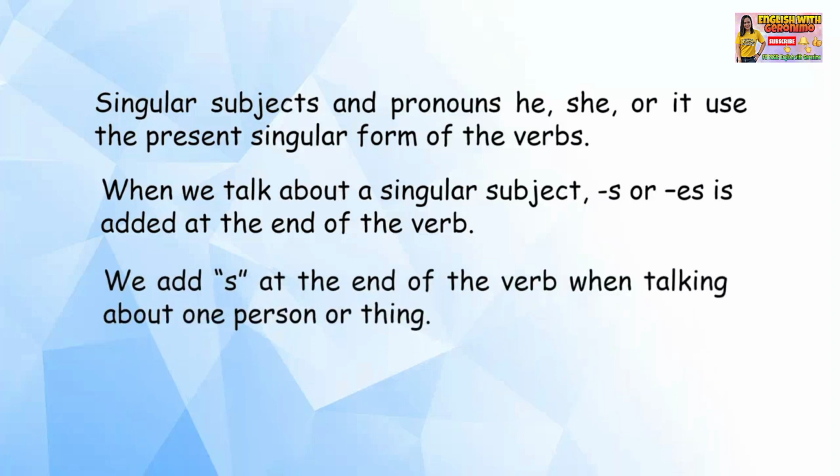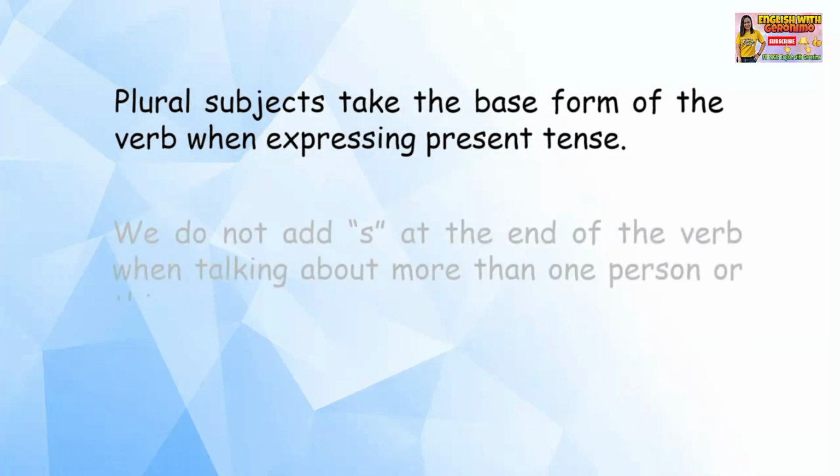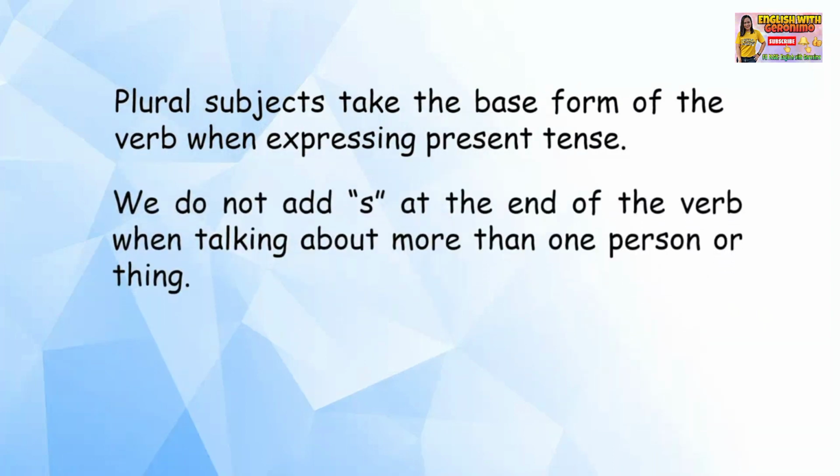We add s at the end of the verb when talking about one person or a thing. Plural subjects take the base form of the verb when expressing present tense. We do not add s at the end of the verb when talking about more than one person or thing.